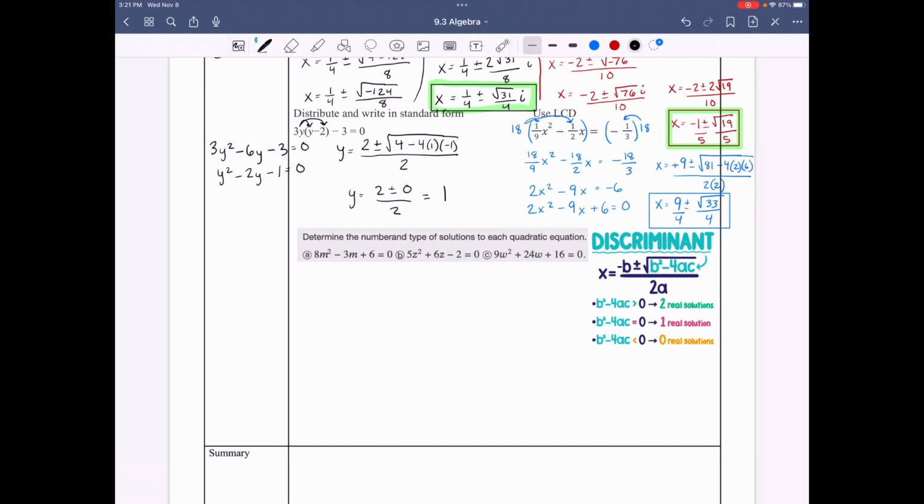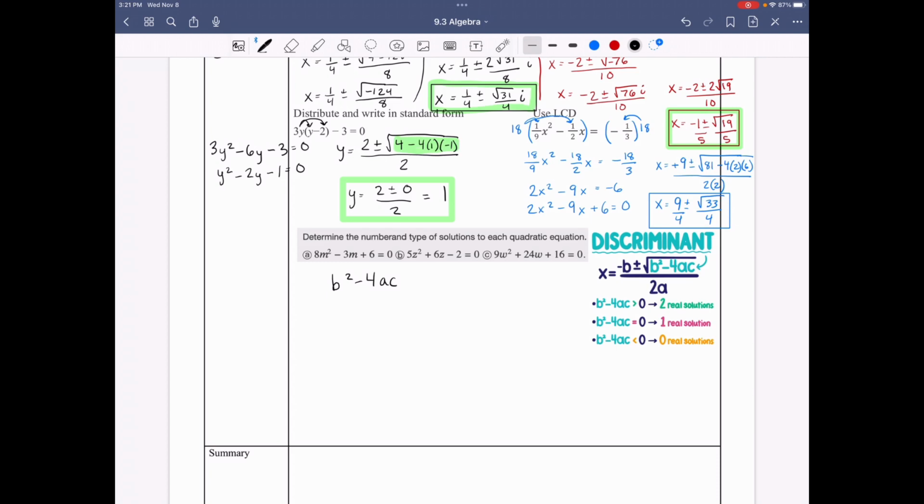called the discriminant. So remember how in this problem above, we had only one solution. The reason that was true was because in here, we ended up with the square root of 0. So we call the inside, this b squared minus 4ac, the inside of the square root, the discriminant.